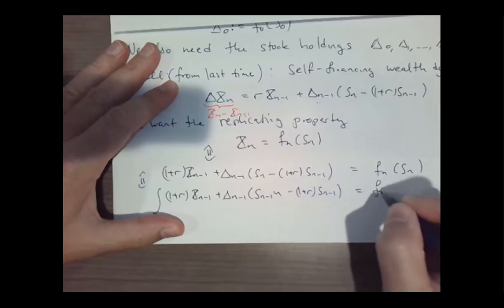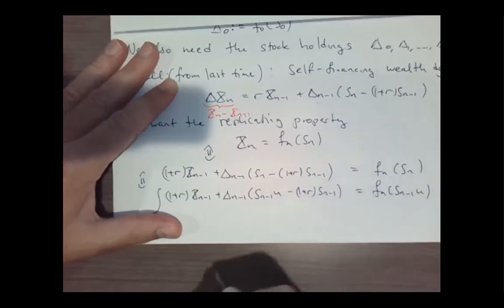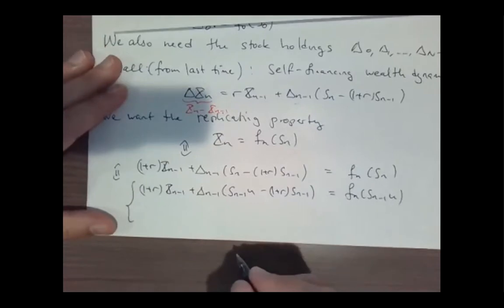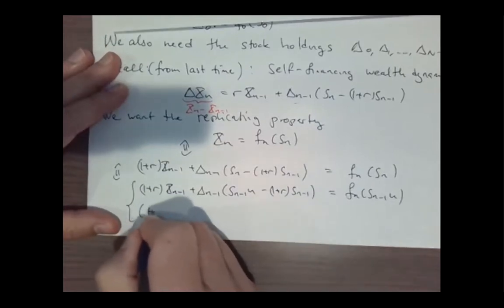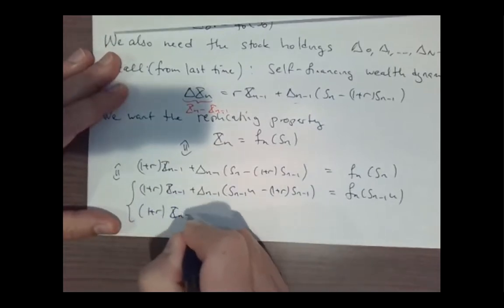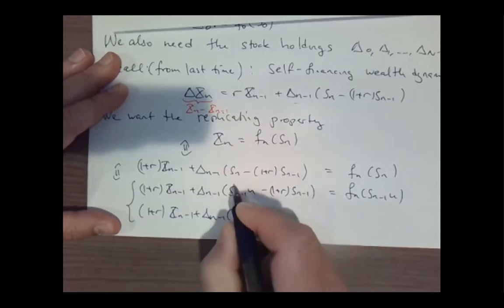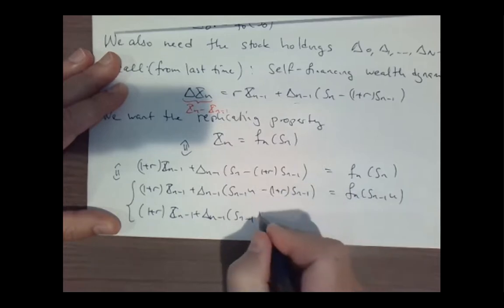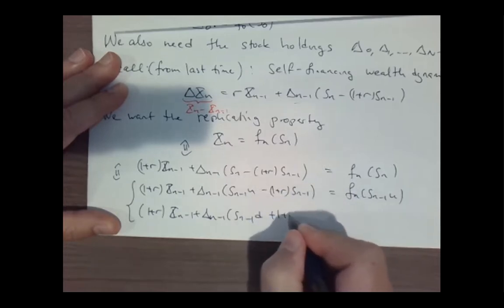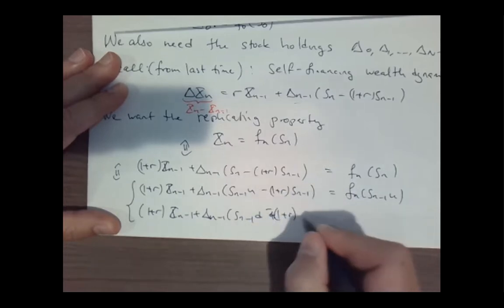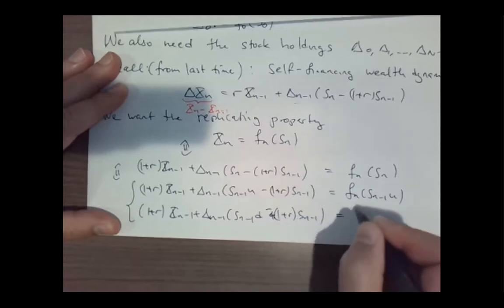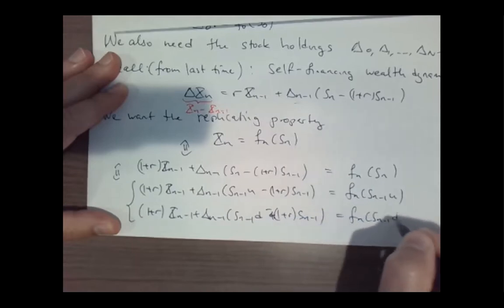This is the same thing as fn of Sn minus 1 u. This was in the upstate. We also have a downstate, so that's my second equation. Instead of u here, I'll put in a d. This is fn of Sn minus 1 d.